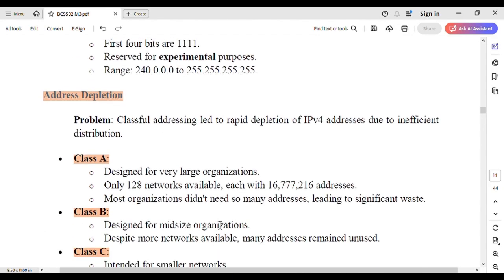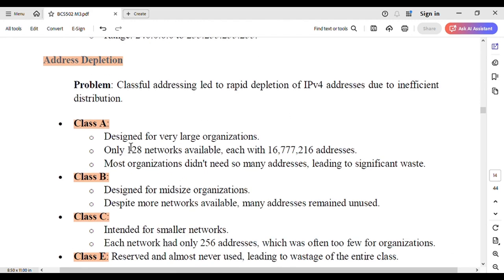In continuation, there is the problem of address depletion. Classful addressing led to rapid depletion of IPv4 addresses due to inefficient distribution. Each class has limitations. Class A is designed for very large organizations, with only 128 networks available, each with 16,777,216 addresses.